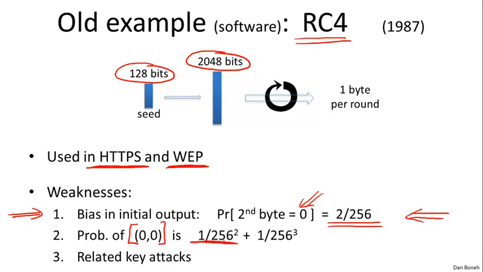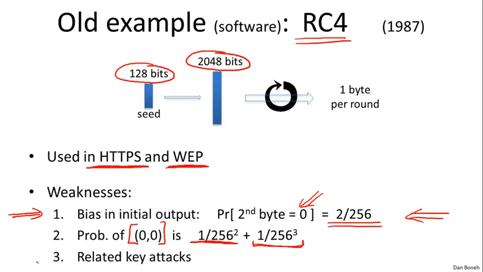It turns out RC4 is a little biased, and the bias is 1 over 256 cubed. It turns out this bias actually starts after several gigabytes of data are produced by RC4, but nevertheless this is something that can be used to predict the generator, and definitely it can be used to distinguish the output of the generator from truly random sequence. Basically, the fact that 00 appears more often than it should gives a distinguisher.